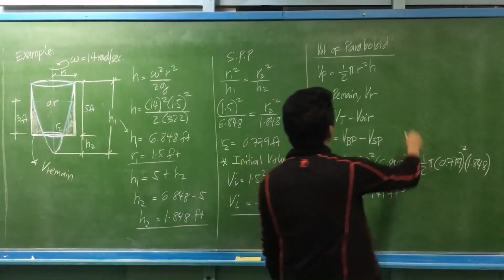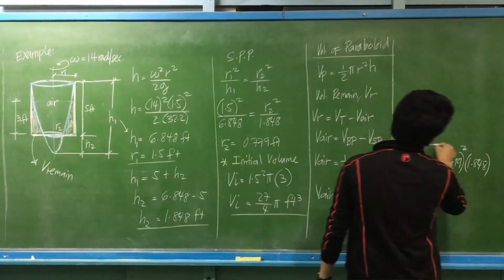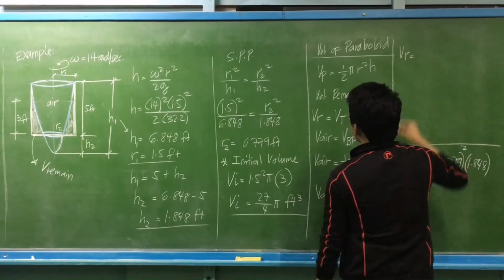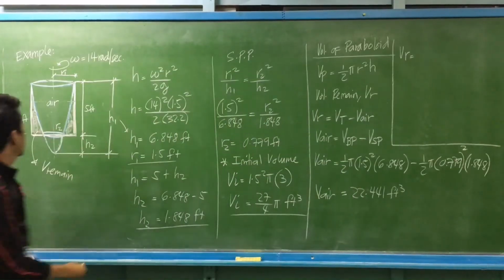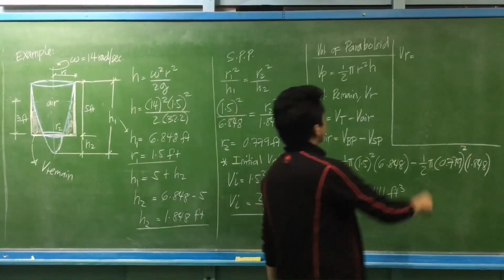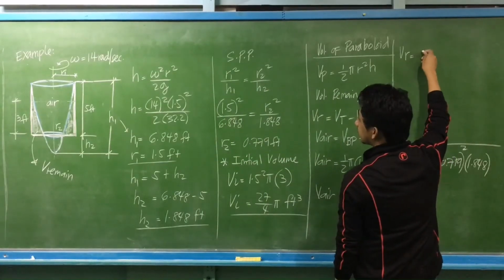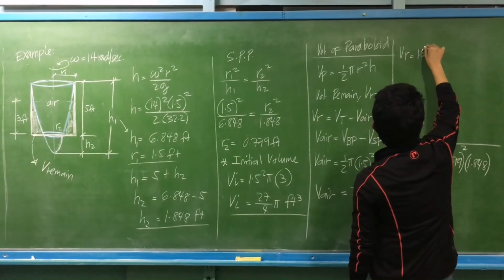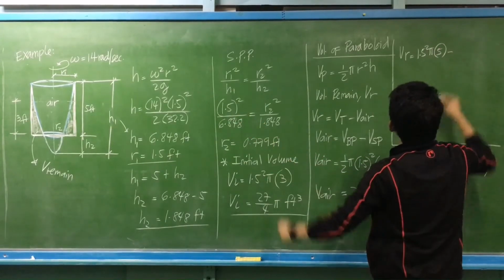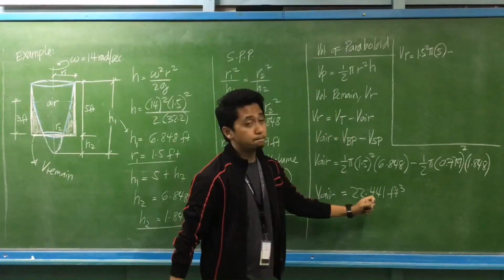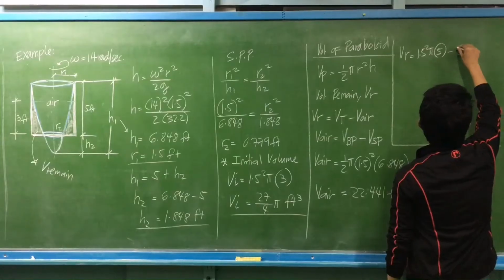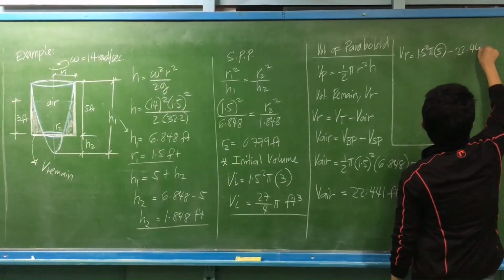Volume remain is the volume of the tank minus the volume of the air. The volume of the tank is 1.5 squared pi, total height of tank is 5 feet, minus the computed volume of air, 22.441.